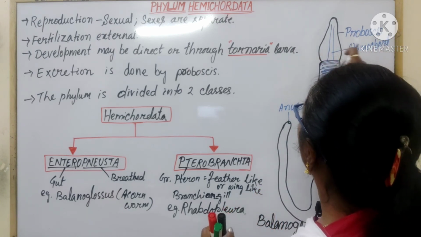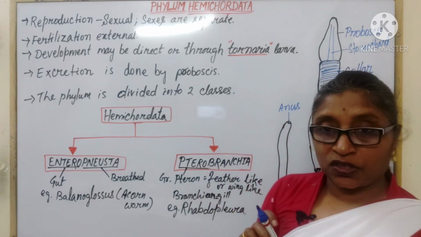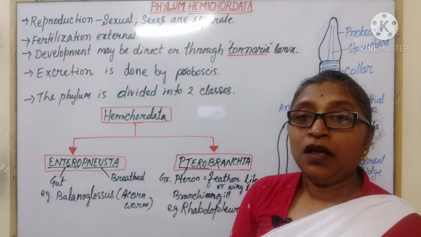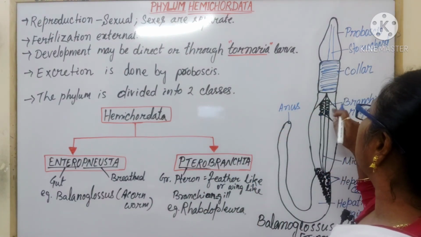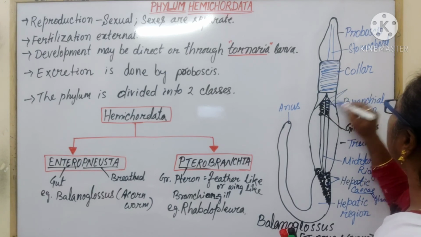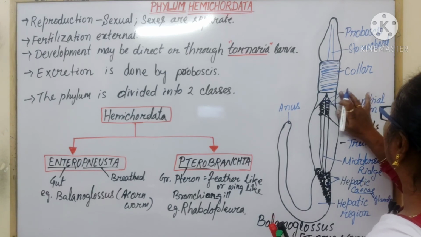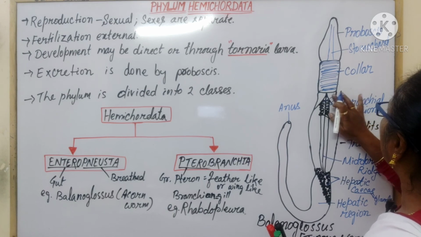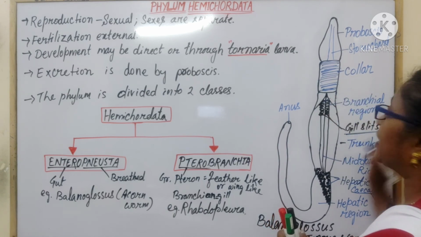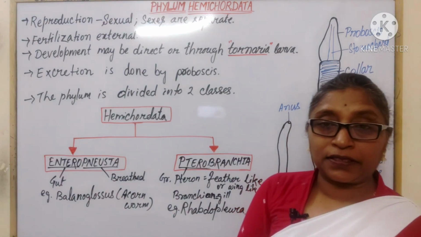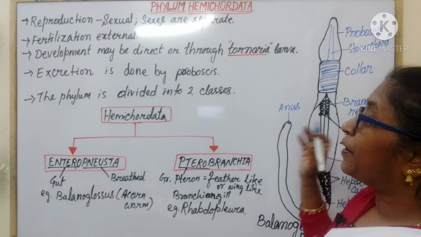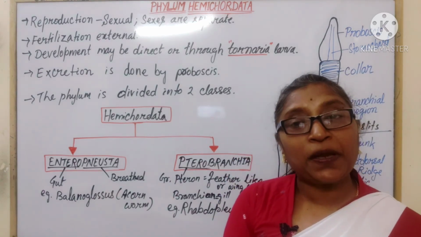Due to the presence of a notochord-like structure, previously understood as the notochord, and because of the presence of gill slits, which are a chordata characteristic, they were understood as primitive chordates.